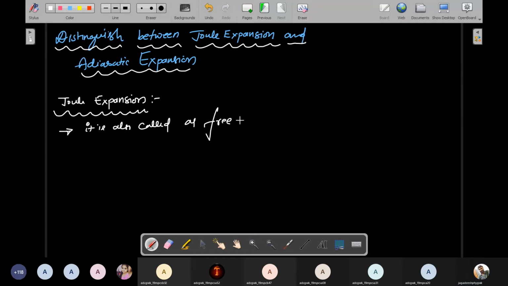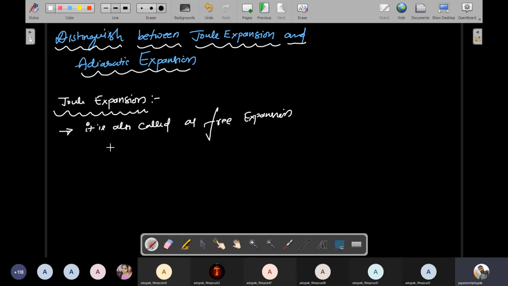It is also called free expansion. Why? Because in it the gas expands into vacuum. Whenever the gas expands into vacuum, definitely there is no external work.